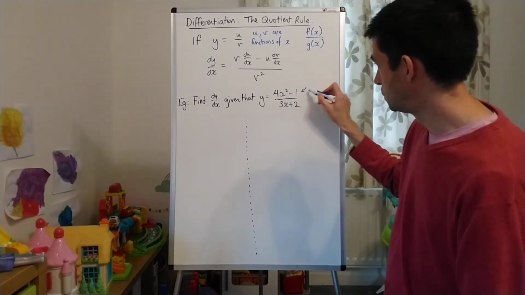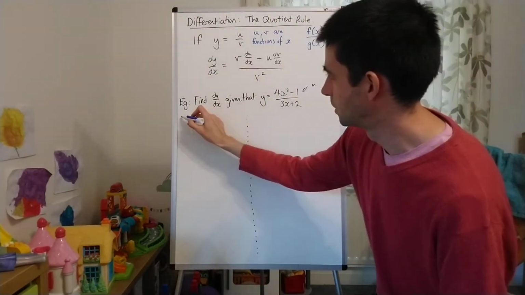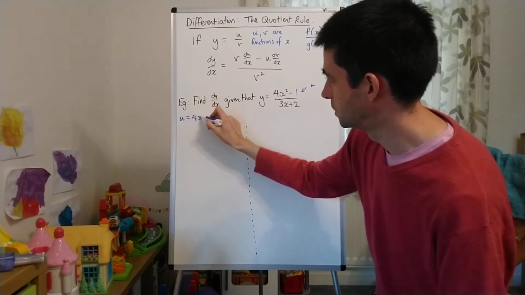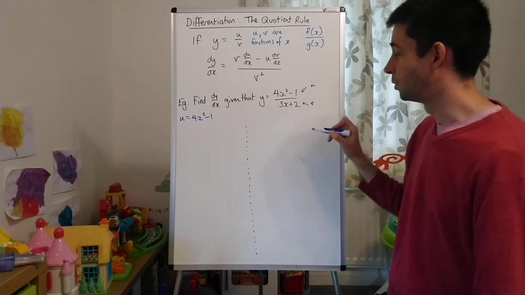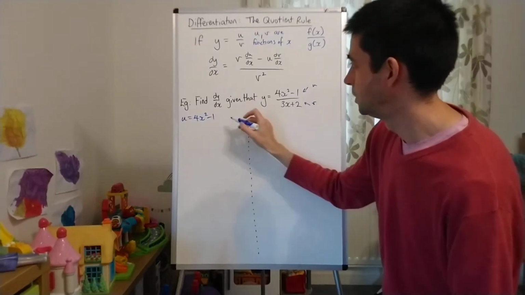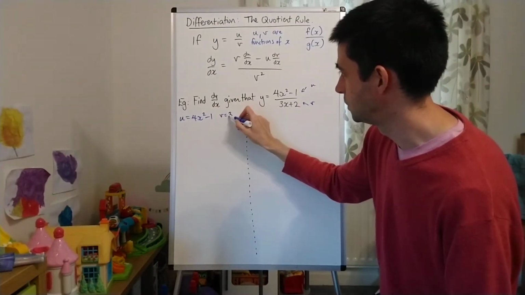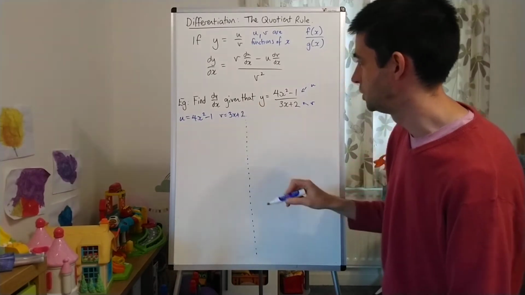Now u is always the numerator, so I'm going to write that u equals 4x squared minus 1, and v is always the denominator, so I'm going to write here that v equals 3x plus 2.